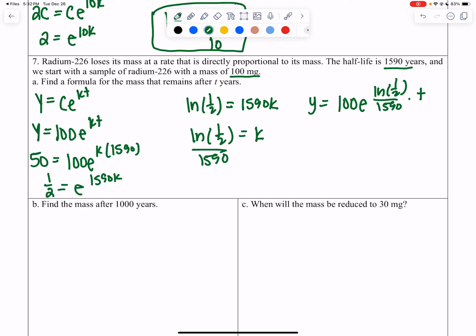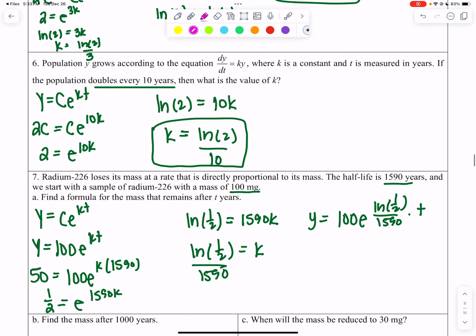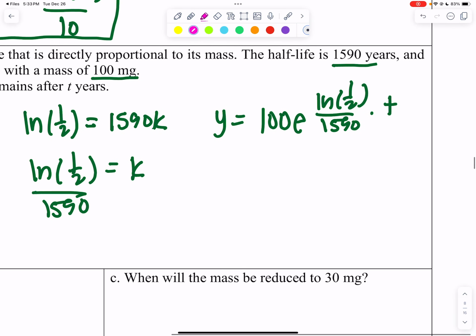times t. Now you might be thinking, that doesn't look like the half-life formula. Well, remember how e and ln are besties and they are inverses of each other.